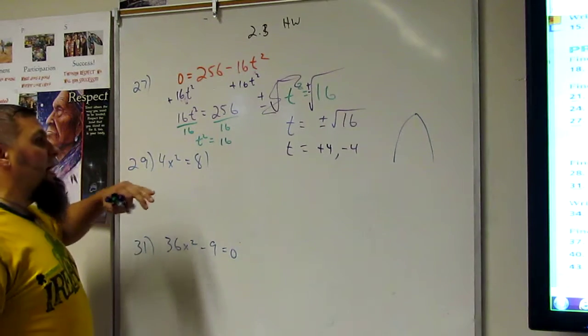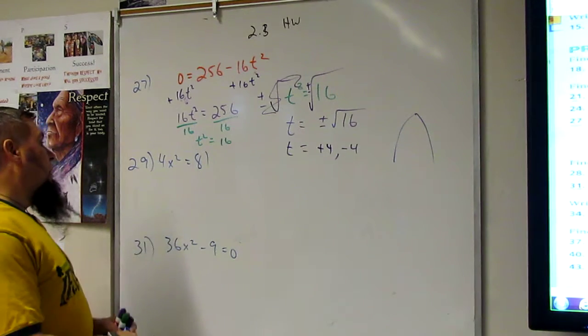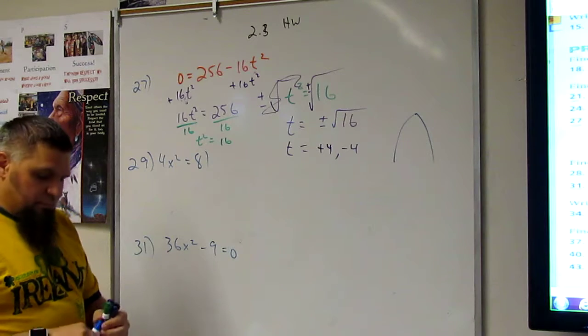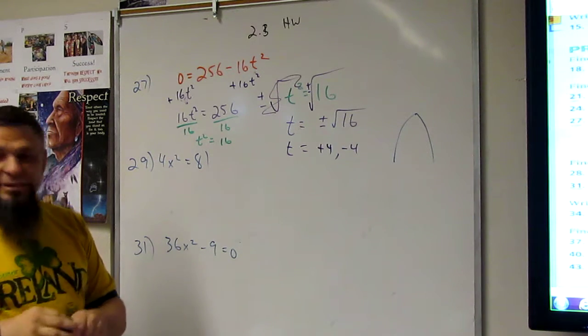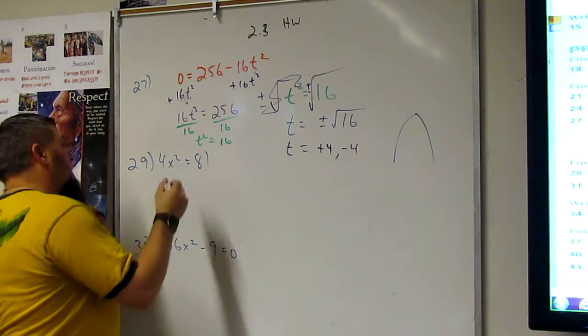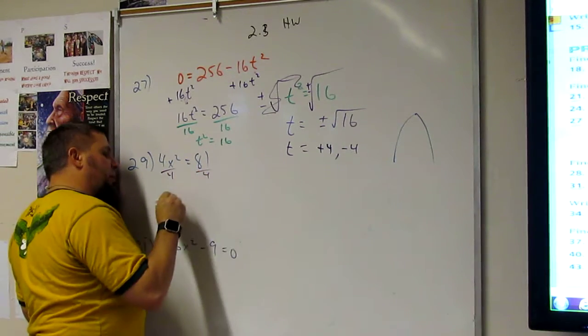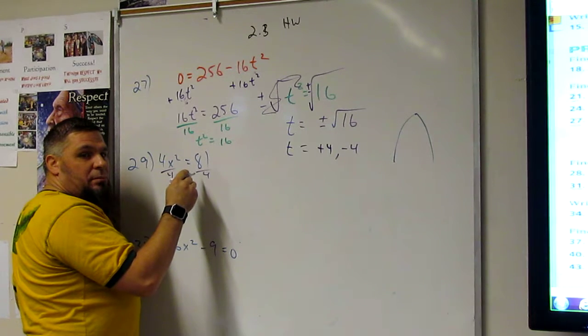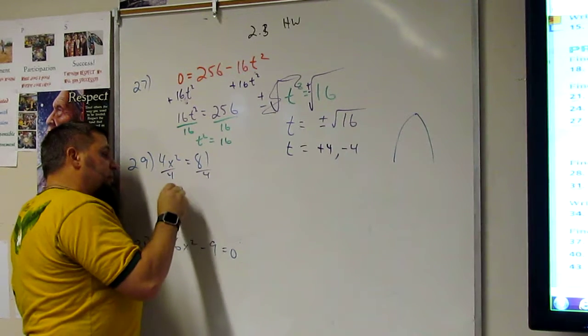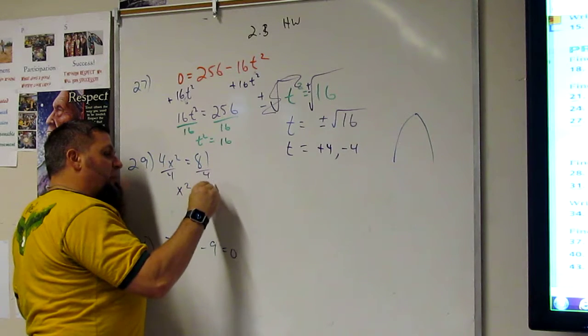So, the next one, we do the same thing. Okay? I'm going to divide by 4. This is when it gets a little fun. Okay? I'm going to divide by 4 and divide by 4, and I'm not going to change it this time. Okay? Because x squared is equal to 81 over 4.